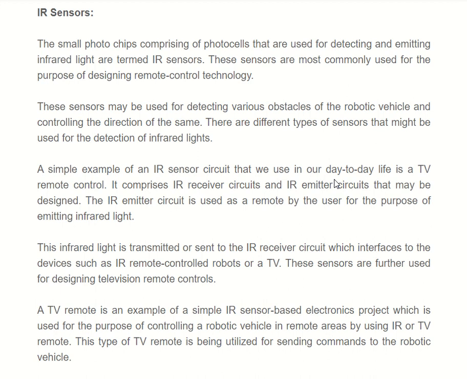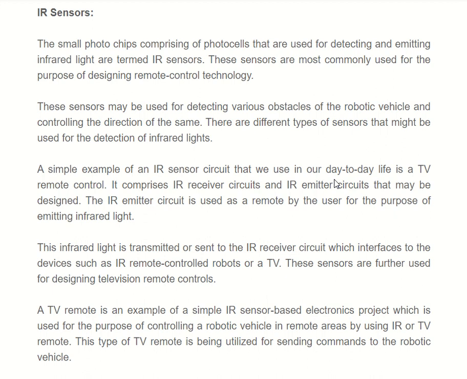And these sensors may be used for detecting different obstacles of robotic vehicles as well. And we can control the direction of it as well. And there are different types of sensors that might be used for the detection of IR lights. And the basic and most simple example of an IR sensor circuit that we use in day-to-day life is, as I've said, the television remote.